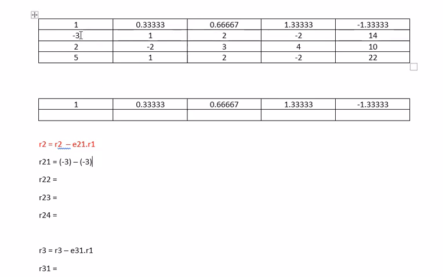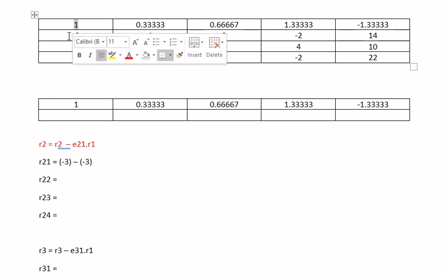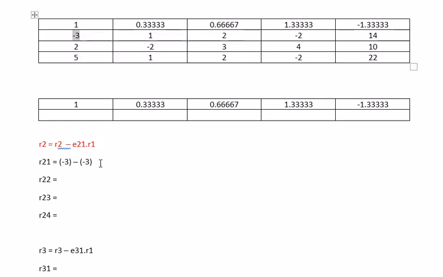What is the element in row 1? That is the element directly above negative 3. So that is 1. So that is equal to negative 3 minus negative 3, that becomes negative 3 plus 3. The answer here is 0. So that's why our first element here in the second row, first column is 0.